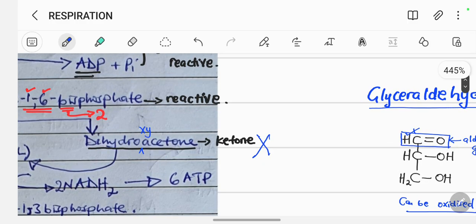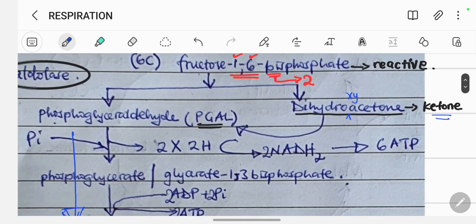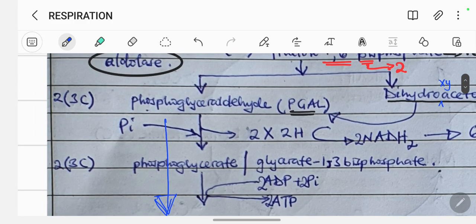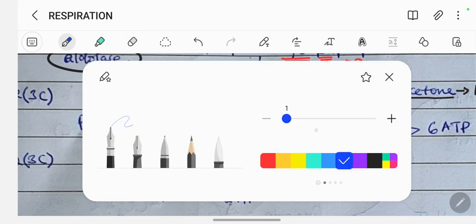It's now having no biological importance. So what we do, we have to convert the ketone to an aldehyde. And as we turn it to an aldehyde, it's going to start doing the work. Are you seeing that? So the body has to turn the dihydroxyacetone to phosphoglyceraldehyde. Then we continue.